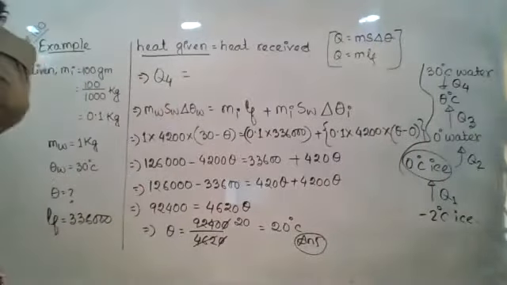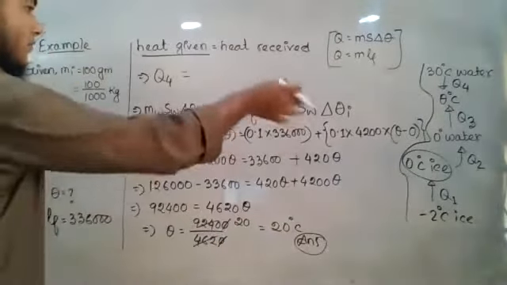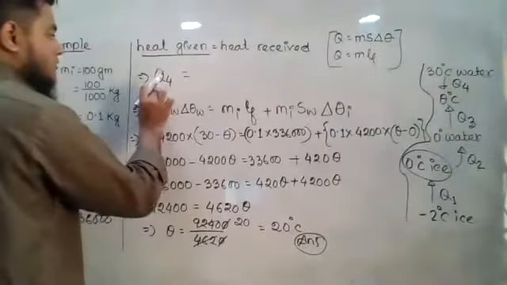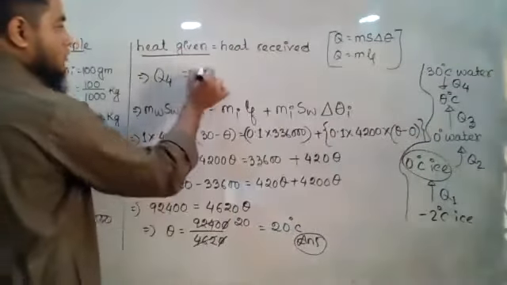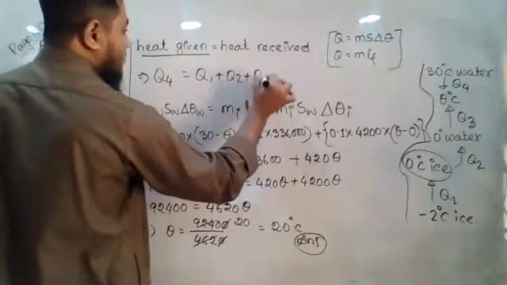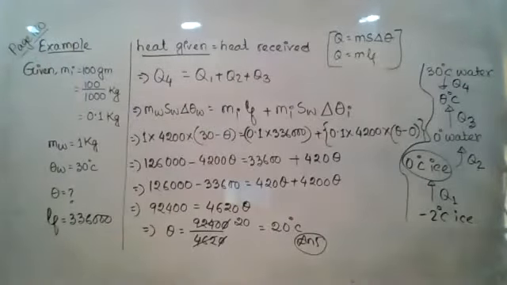So if you draw this flow chart on a rough page in the exam, you can write that this is coming down, so this is heat given. All these three, Q1, Q2, Q3, are coming up, so this is heat received: Q1 plus Q2 plus Q3.